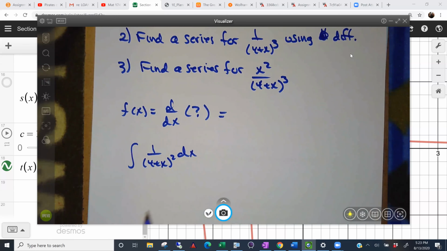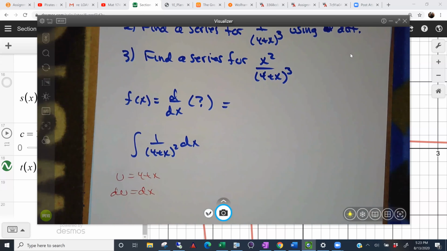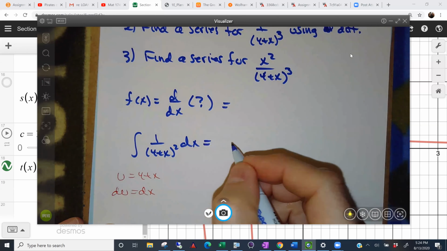Now, you might think of a u substitution here, u equals 4 plus x. If you thought of a u substitution, you'd find that du equals dx. And you can kind of do these things in your head as if it was just 1 over u squared. 1 over u squared integrates to u to the negative first power divided by negative 1.